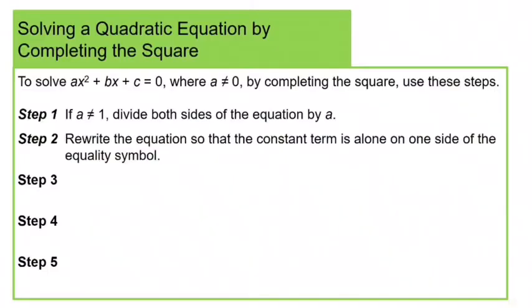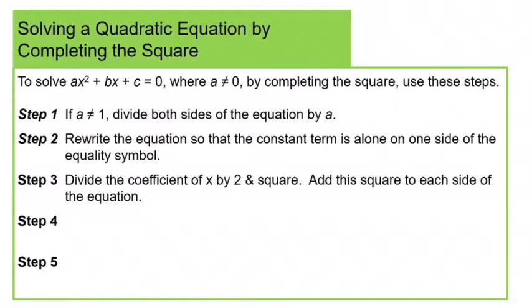The second step is to rewrite the equation so that the constant term is by itself on the right side of the equal mark. Now that's different from when we solve by factoring. Remember, when we solve by factoring, we need the right side to be equal to 0. But when we're solving by completing the square, we need the constant on the right side.